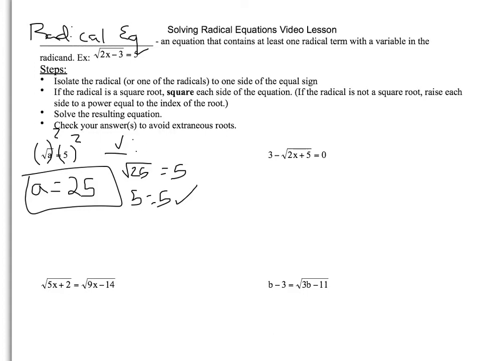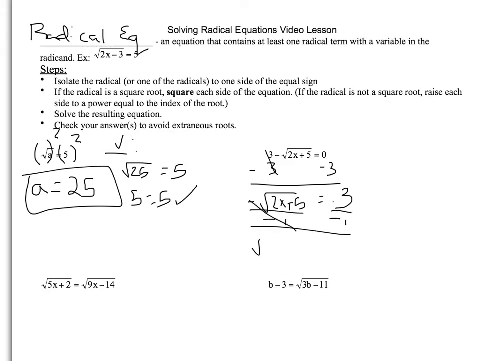Next problem. We gotta get the radical by itself, so let's subtract the 3. So you have negative radical 2x plus 5 equals negative 3. Let's divide by negative 1, so that way it's just a positive radical. Now that the radical is by itself, we can square both sides.